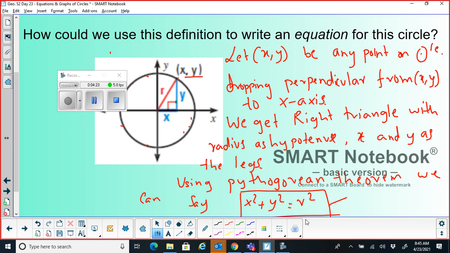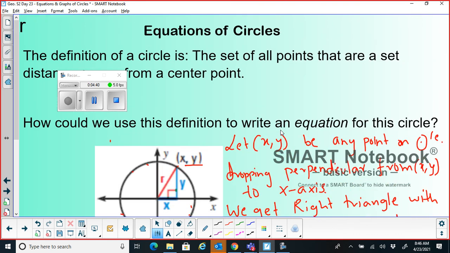We have written it with more details. You don't have to remember all this proof, but you can just make out that whenever you have any point on a circle, the equation of circle can be found using x square plus y square equals r square. This is our first type of equation of the circle.